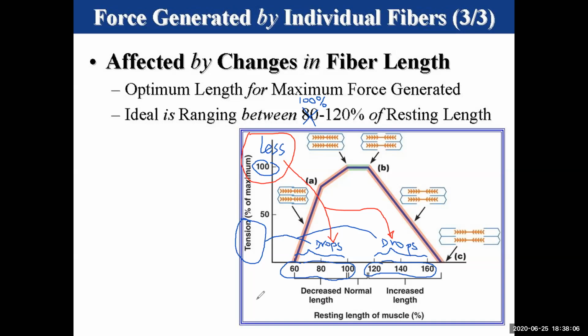The reason is simple. If you are stretched out, meaning this is the extreme here, there's no cross-bridge formation possible between myosin and actin. So this is a muscle that has been overstretched completely, so there's very little cross-bridge formation possible. The other extreme is when it becomes too short: the thin filaments on this side will crash into the filaments on the opposite side.